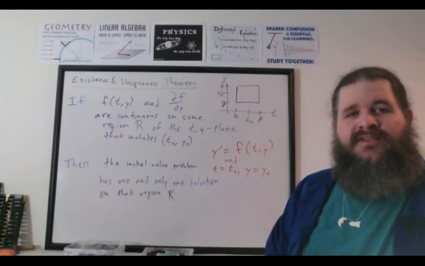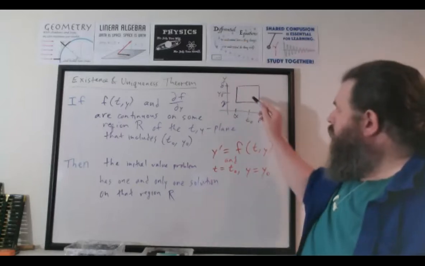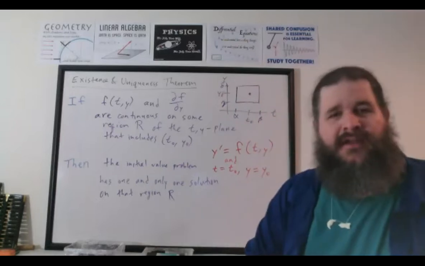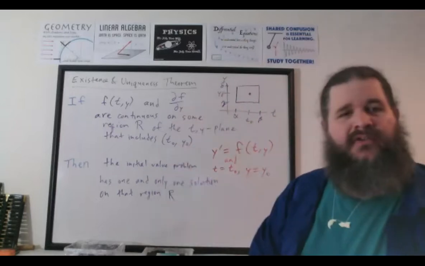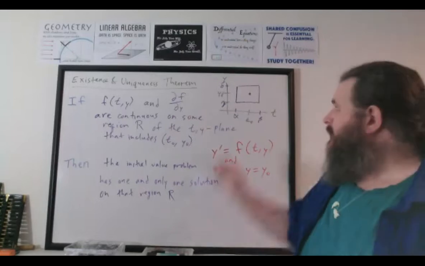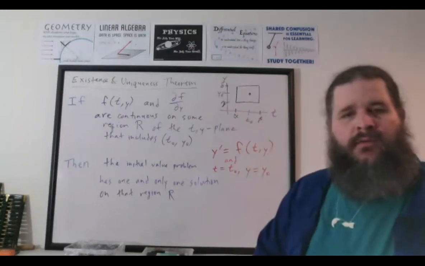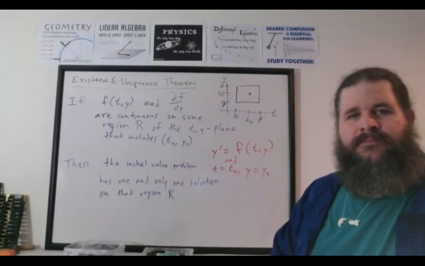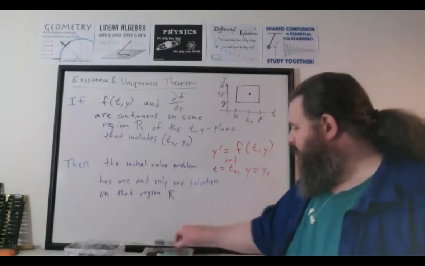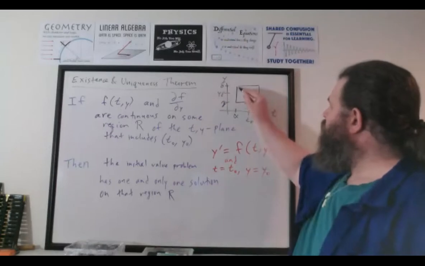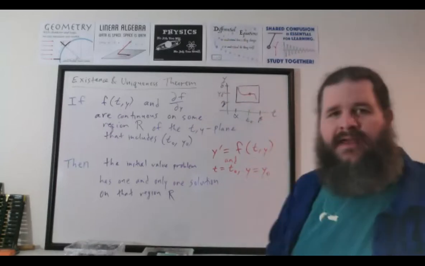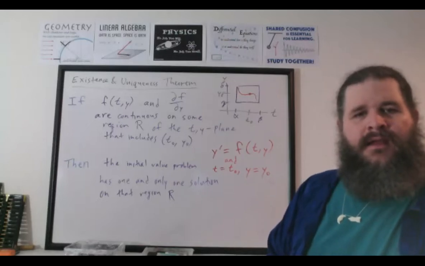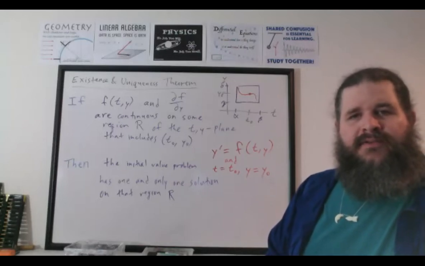As long as we can establish some rectangle, including the initial conditions, where the function is continuous and where the partial derivative is also continuous, then we can guarantee that within that rectangle there is a solution and only one solution. We might not know what that solution is, but we can at least say there is a solution that exists within that rectangle. Any other questions on that so far?